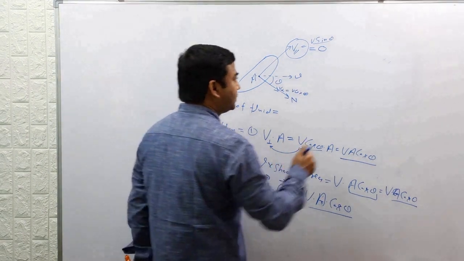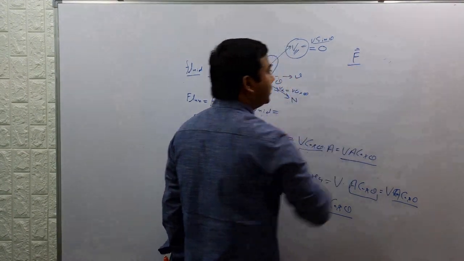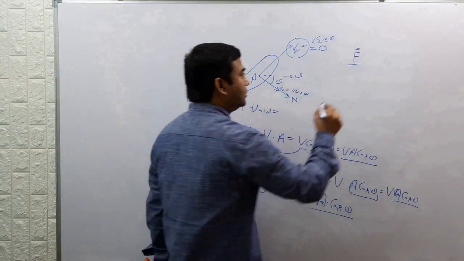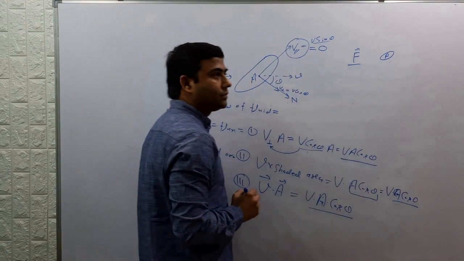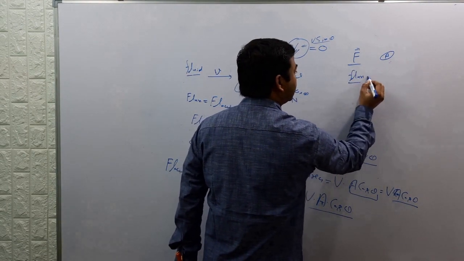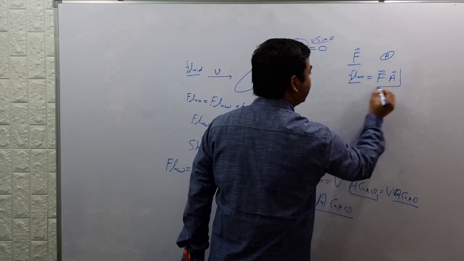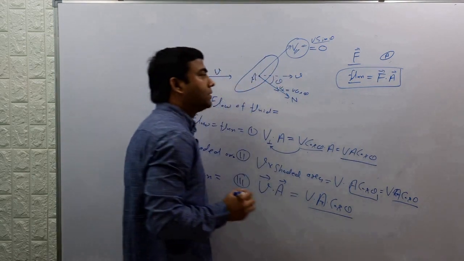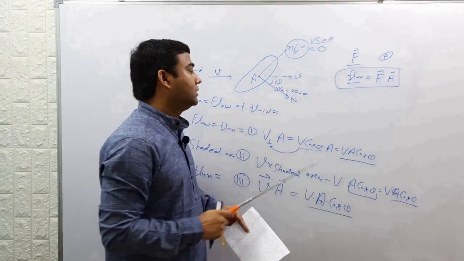So you can now easily interpret that the flux of any vector field is field dot area vector. In standard form, for a vector field F through area A, we call flux equal to F dot A. That is the standard definition of flux in mathematical terms, in vector form.